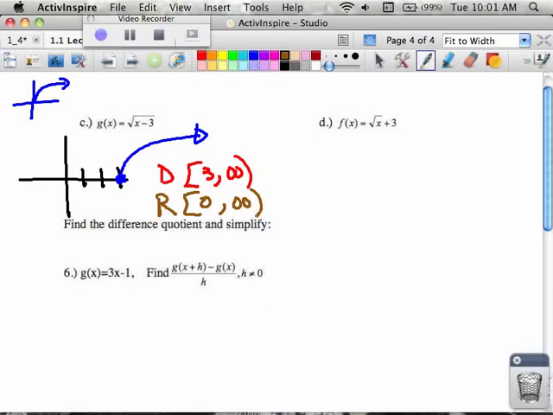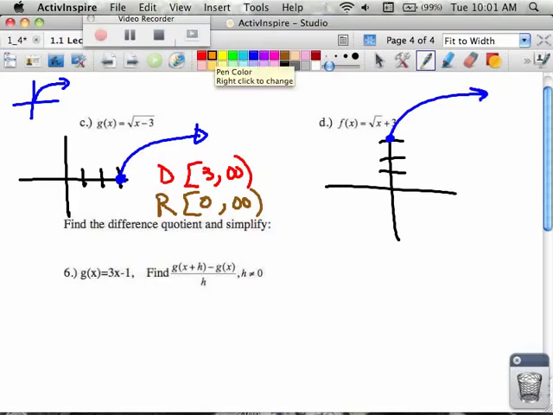Part D is a little bit different. It's just been moved up 3. So it's the same kind of graph, but its location is a little bit different. So in this particular case, my domain starts at 0 and goes to the right forever.